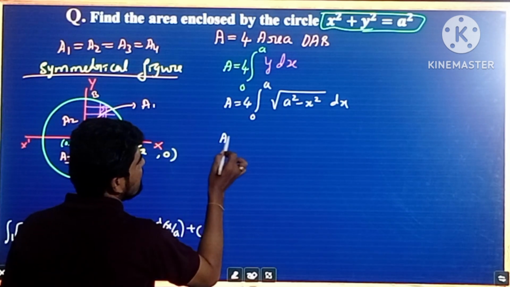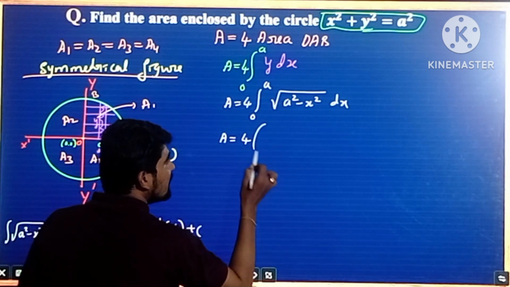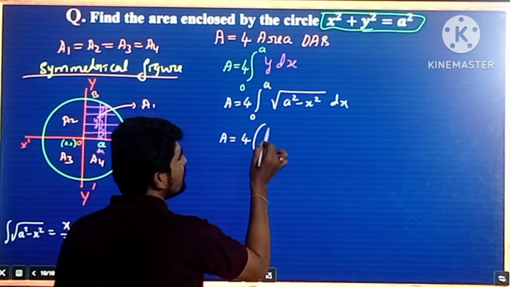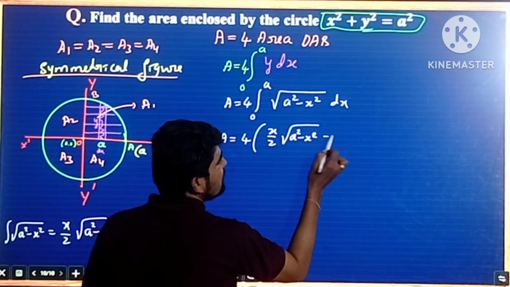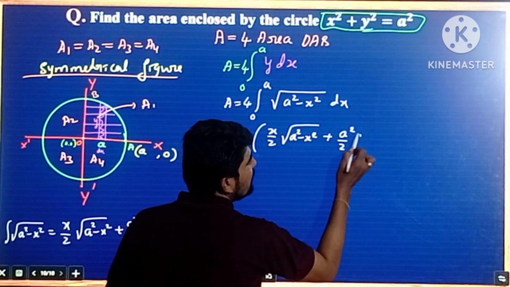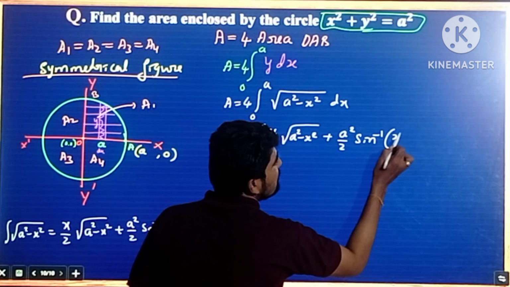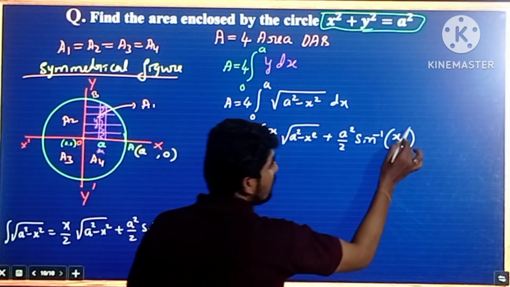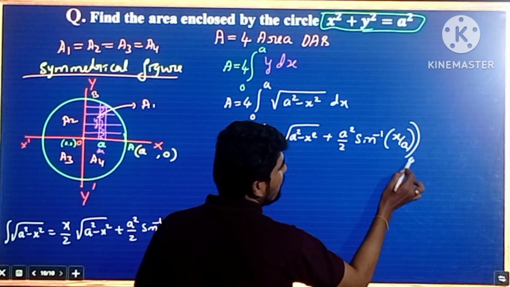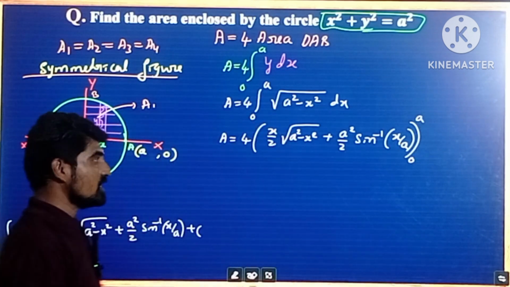Therefore, the area is equal to 4 times the integration of root a square minus x square, which is x by 2 square root of a square minus x square plus a square by 2 into sine inverse of x by a. Since this is a definite integral, no need to write plus c, over the limits 0 to a.